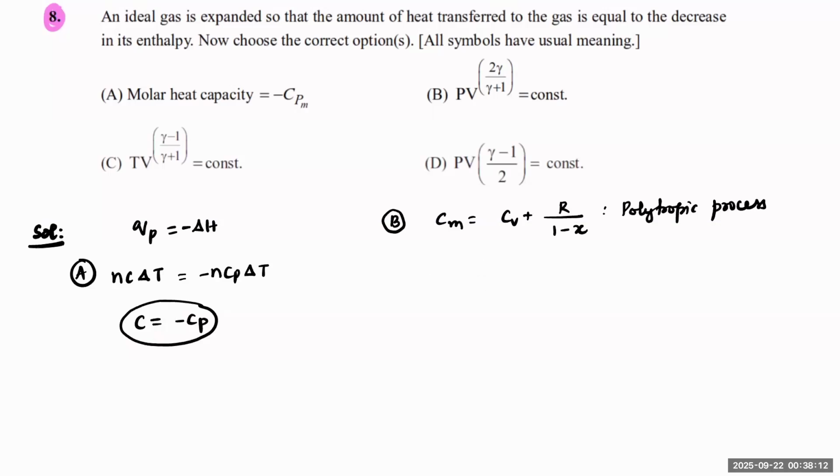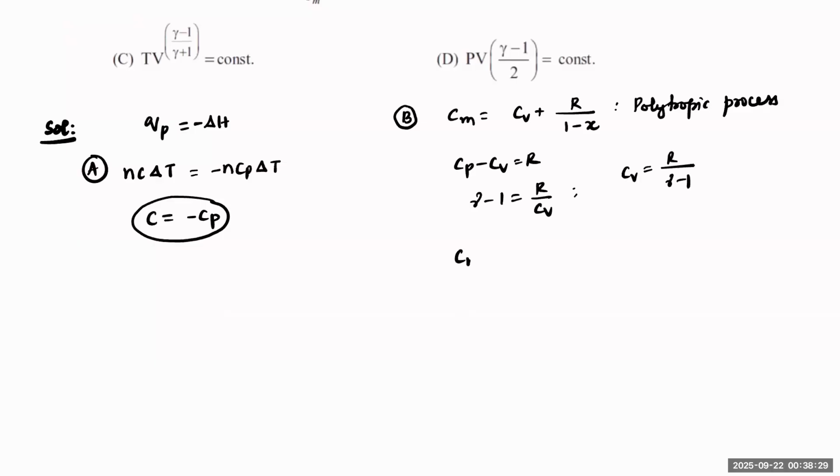See, you know that Cp minus Cv is equal to R. Dividing by Cv, you will get gamma minus 1 is equal to R by Cv. So from here I can write Cv is equal to R by gamma minus 1. So therefore Cm is equal to R by gamma minus 1 plus R by 1 minus X. This is how you define it as C. Correct?